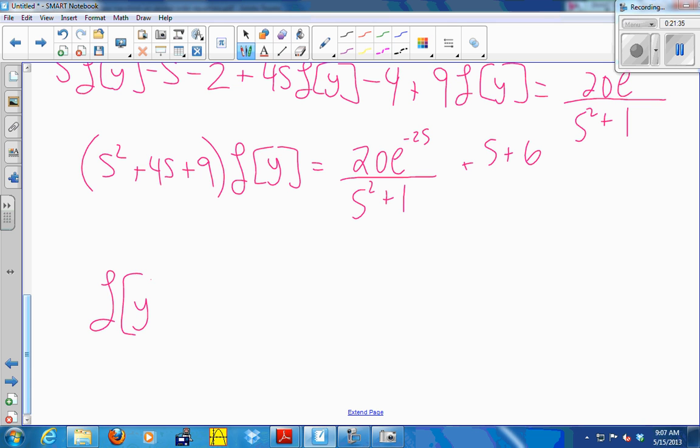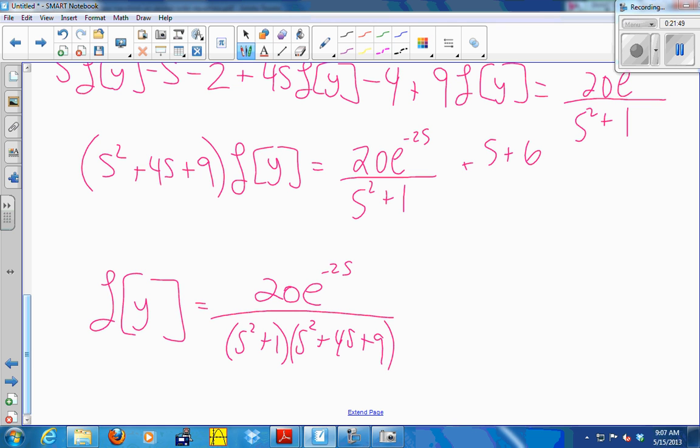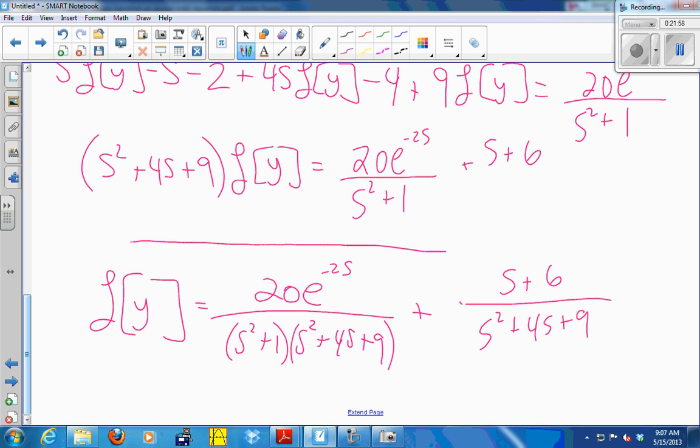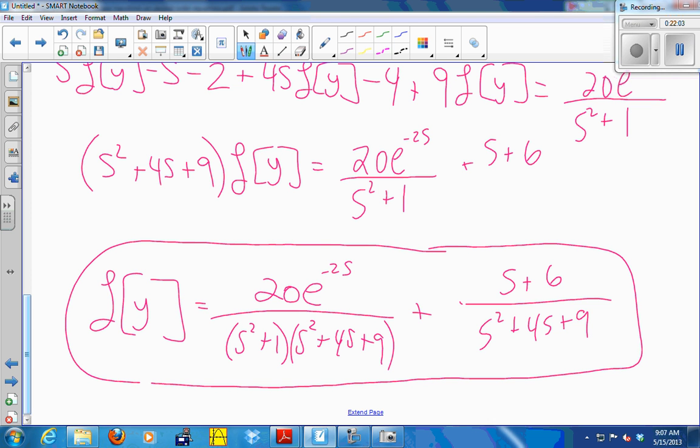So we've got the Laplace of y equals 20e to the negative 2s over s squared plus 1 times s squared plus 4s plus 9, plus s plus 6 over s squared plus 4s plus 9. And that's all they asked you to find was the Laplace of y, not y itself. And we actually just did all of the work that you have to do to get that inverse Laplace.